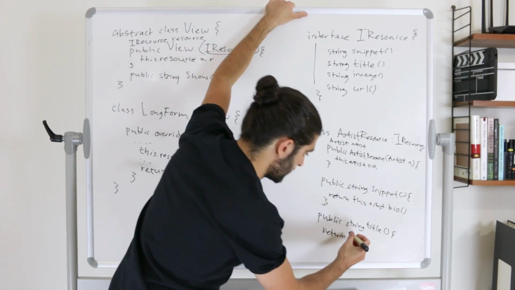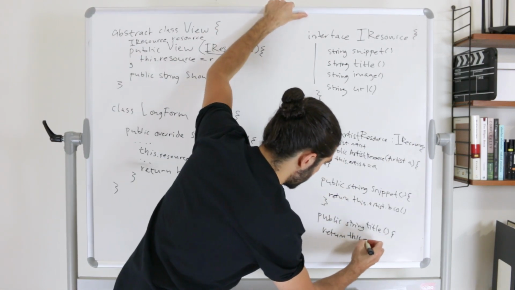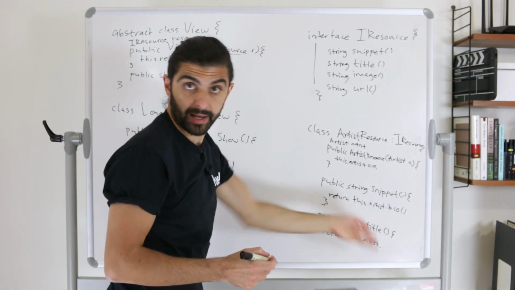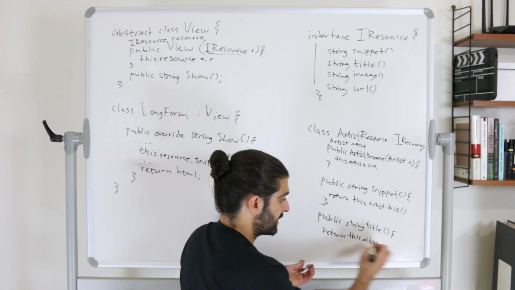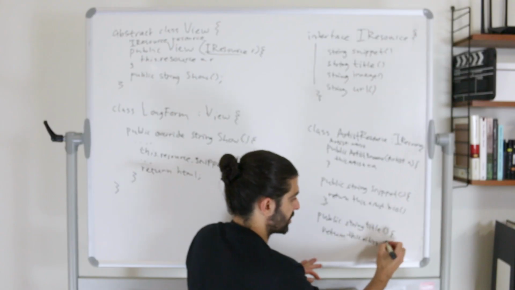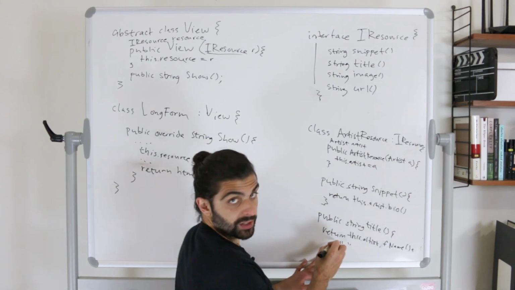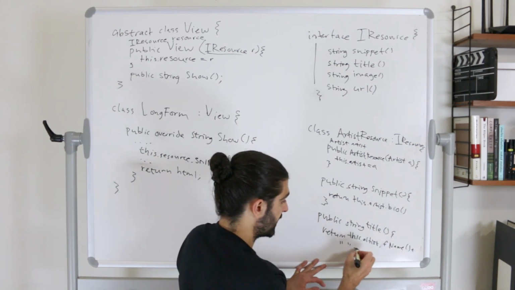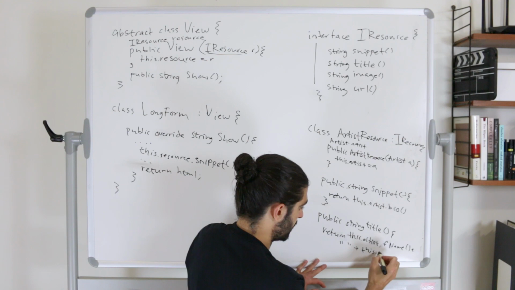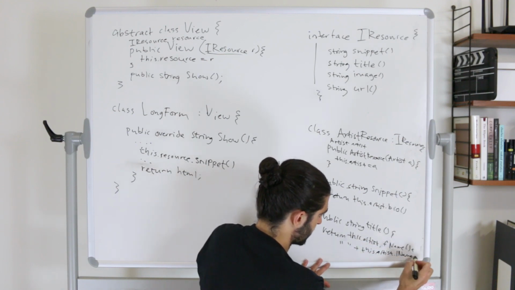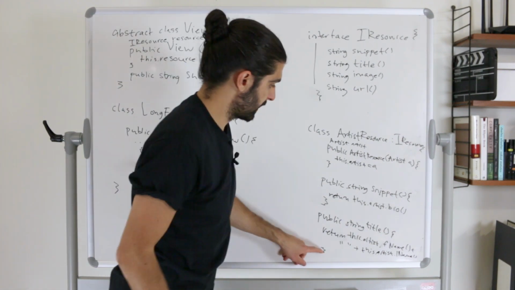So it too says this dot artist, and then it asks the artist for, let's say, its name, actually. Maybe we would even say this dot artist, to save space, I'll just say F name to denote first name, and then we say plus 1 space as a string literal here, and then plus this dot artist dot L name, as in last name, and we'll close this method.